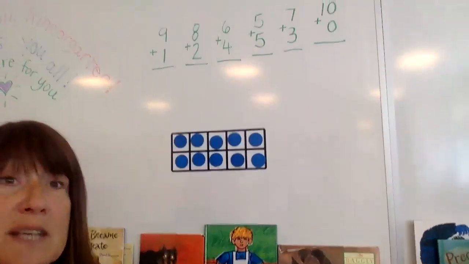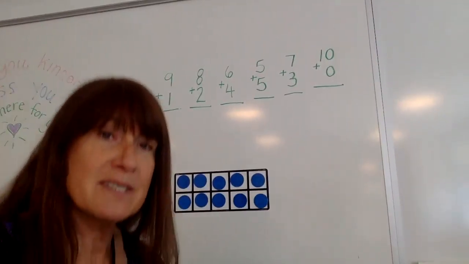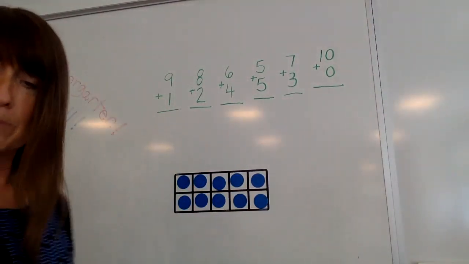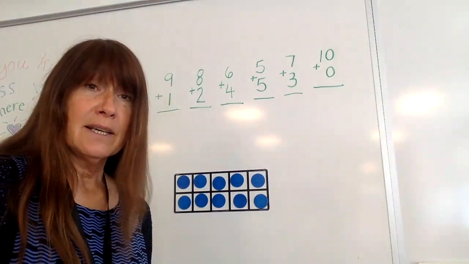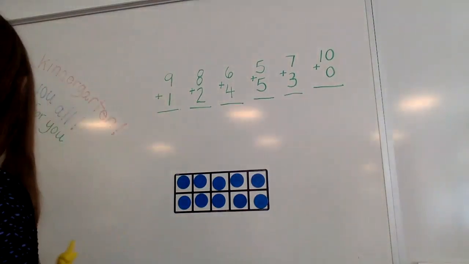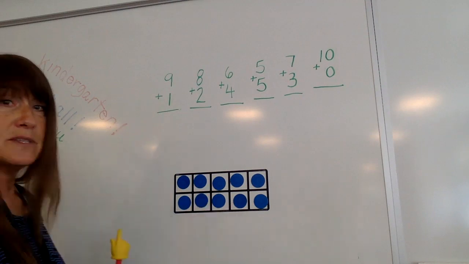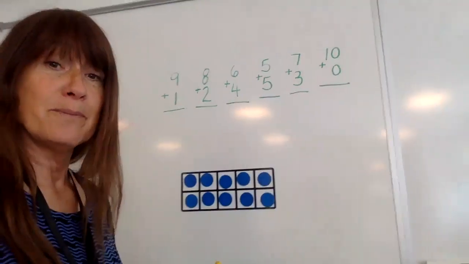So the first thing I'm going to do is show you some math problems, and they may be math problems that you will see in your worksheets that were sent home. So let's take a look at this first one, and I'm going to use the 10 frame to help you.